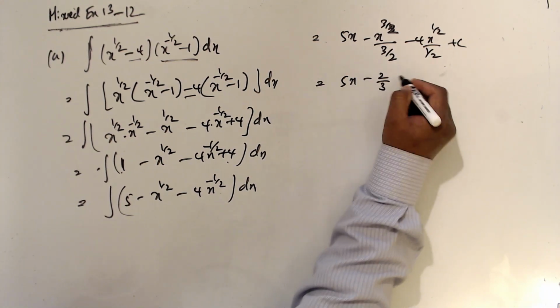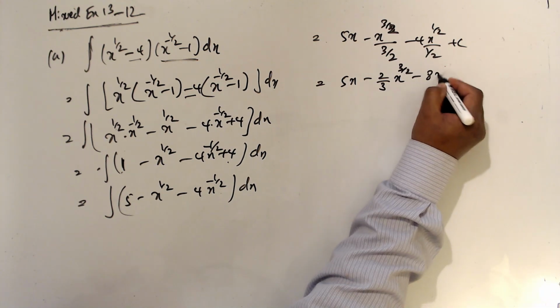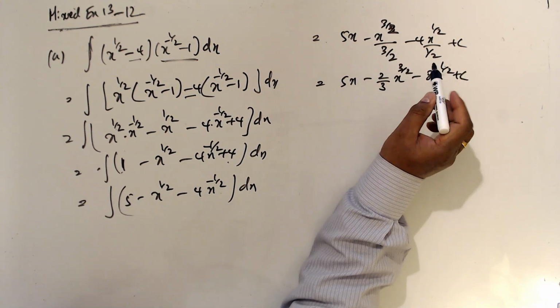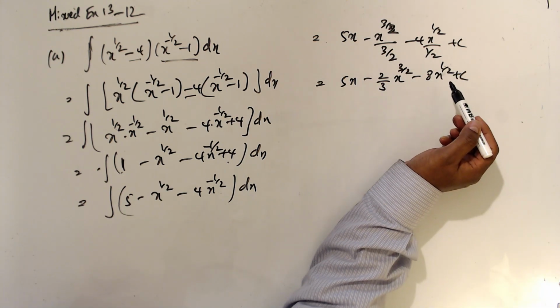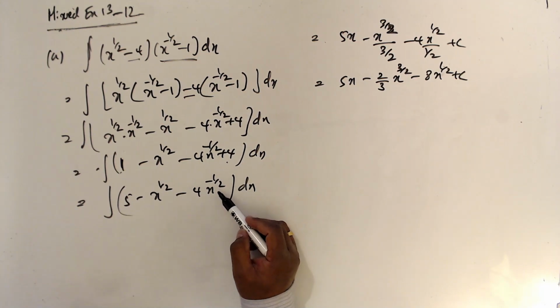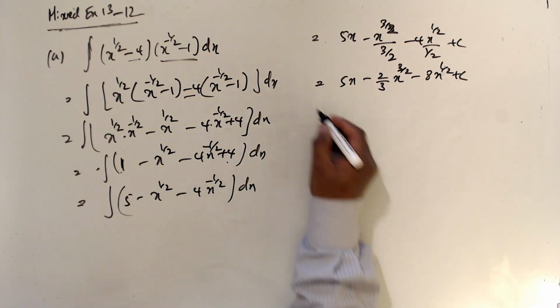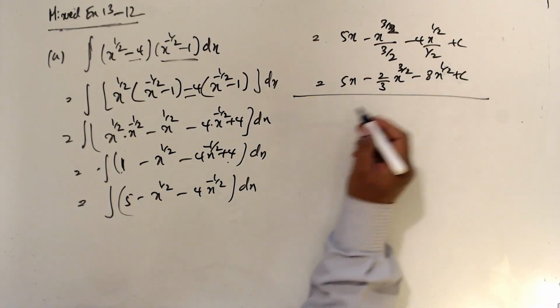So 2 over 3 x to the 3 over 2, minus, this is 8x to the half, plus c. Now we want to integrate this one, and then we don't need c.